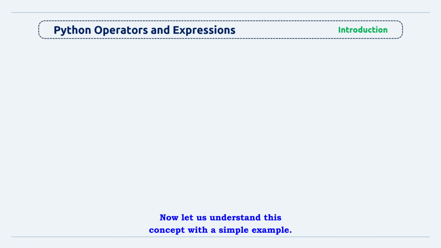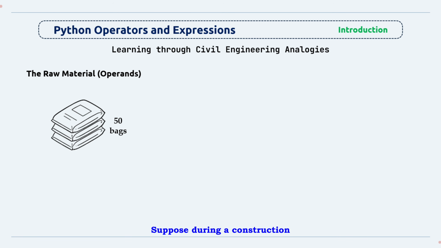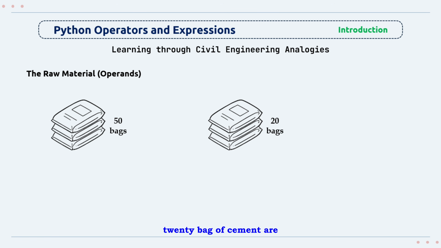Now let us understand this concept with a simple example. Suppose during a construction activity, initially 50 bags of cement are available in the inventory. Now, after completing some construction activities, it is observed that an additional 20 bags of cement are required to complete the remaining work.